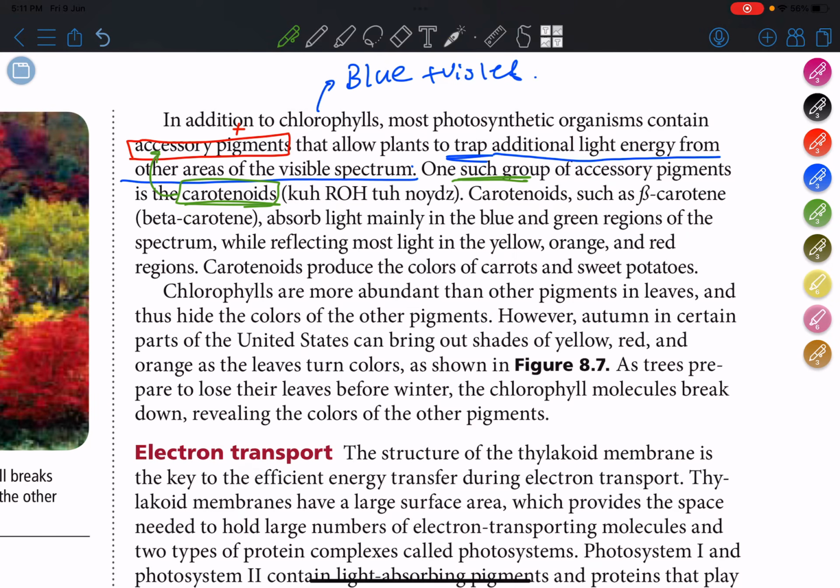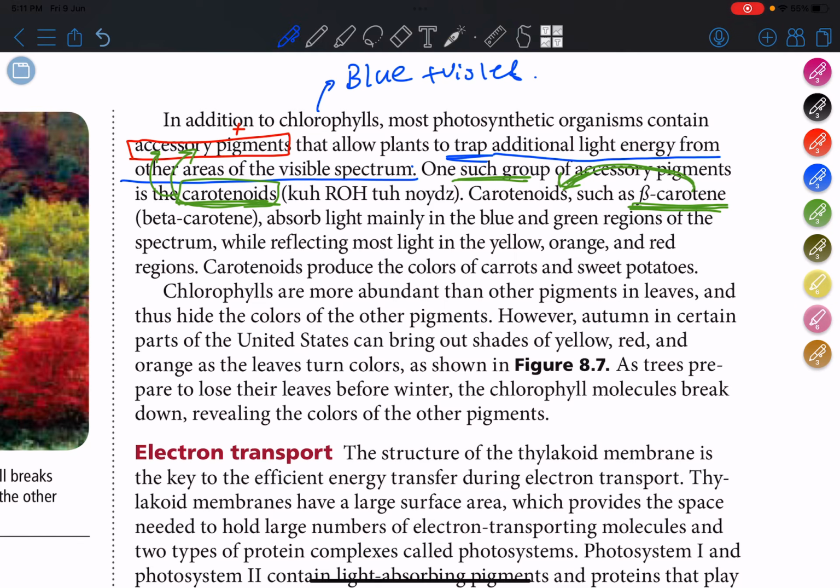Carotenoids such as beta-carotene. So beta-carotene is an example of a carotenoid. Okay? So carotenoids are examples of accessory pigments, and beta-carotene is an example of carotenoids.